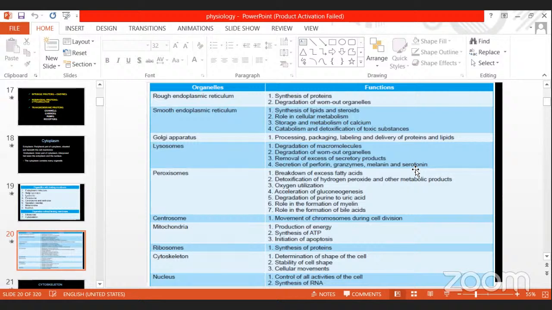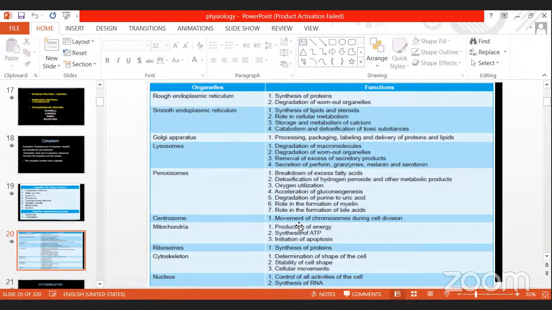That oxygen utilization will help in the breakdown of fatty acids, detoxification, and acceleration of gluconeogenesis. Gluconeogenesis is the formation of glucose from other sources. It also has a role in degradation of purine to uric acid, formation of myelin, and formation of bile acids.